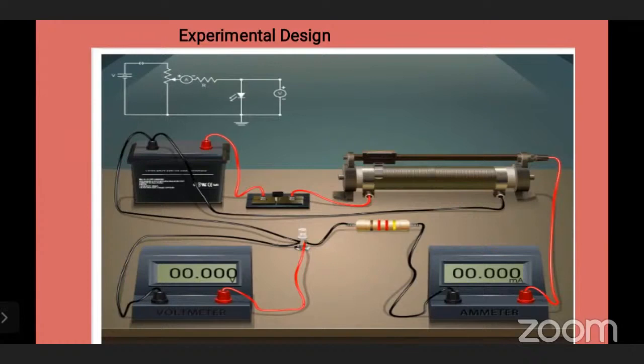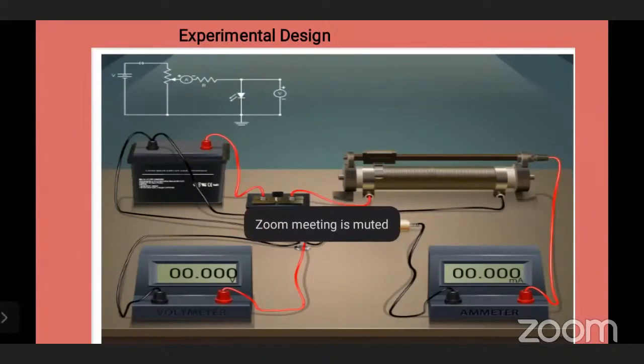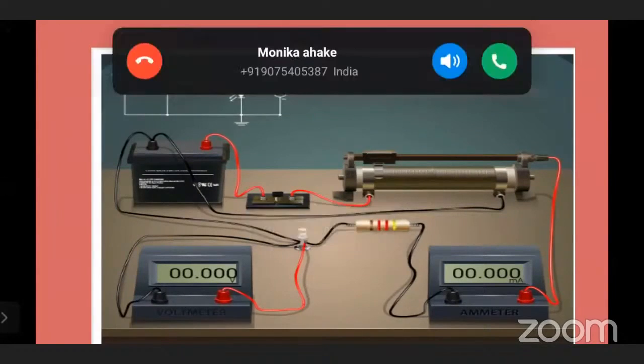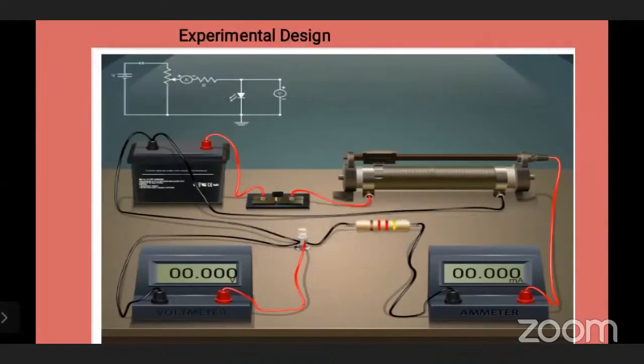We note when the LED glows, when the current flows, and we note the value of the current on the ammeter. If we increase the current, the LED glows further. But here we have to note only the voltage at which the LED starts to glow. That is the knee voltage.